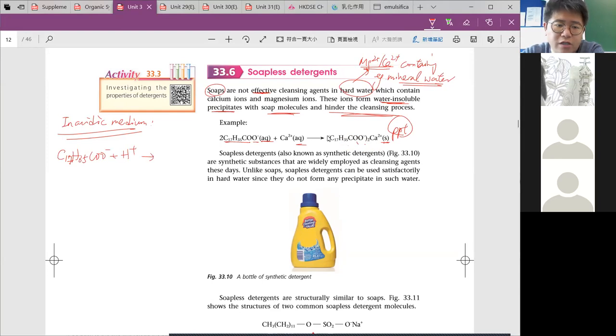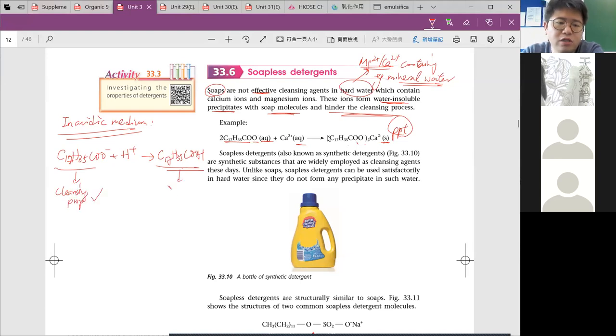So I react it with acid to form C17H35COOH. So what's the point of this one? Now, in case I put it into acidic medium, those carboxylates will regenerate back to fatty acid. Now, when you compare this one and this one, this one will have the cleansing property.